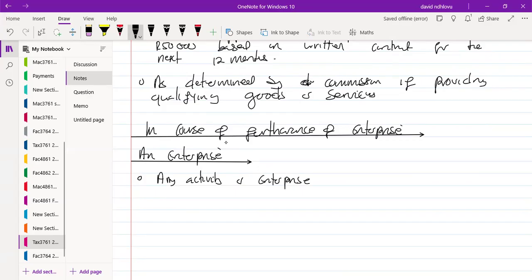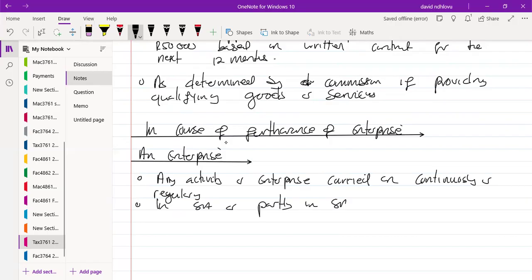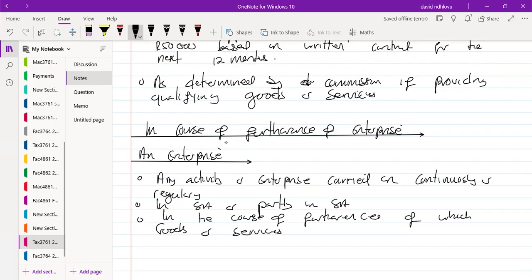So any activity carried on continuously or regularly in South Africa, or partly in South Africa, and in the course of furtherance of which goods or services are supplied for a consideration.